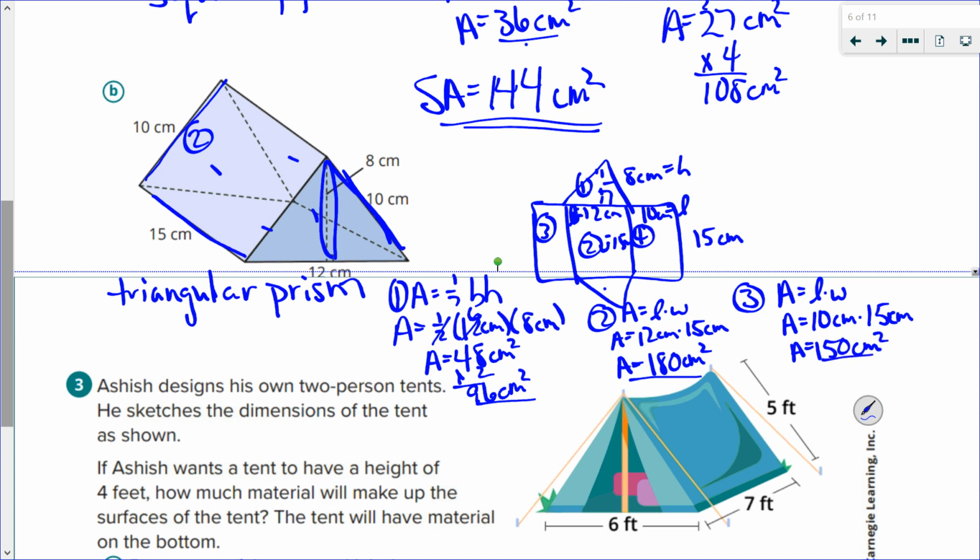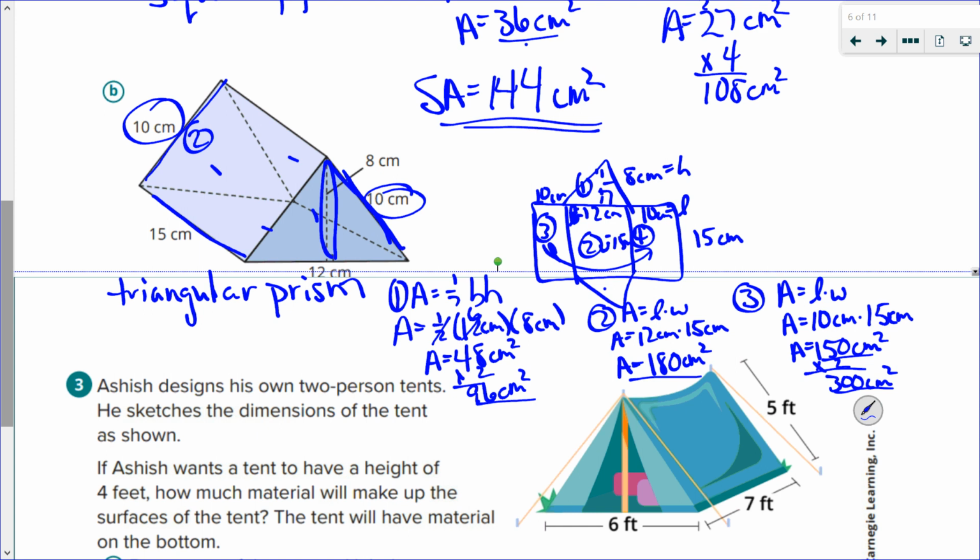But I actually have 2 of those, so 3 and 4 are actually identical because this side was 10 and this side was 10. Does everybody understand that? So I could redo that whole thing, or I can just multiply this one by 2. Your choice which way you do it, but you do have to count for all of the different surfaces.